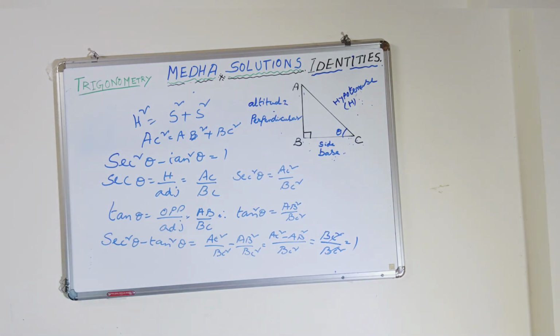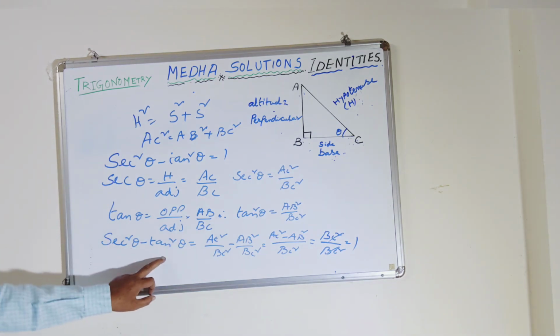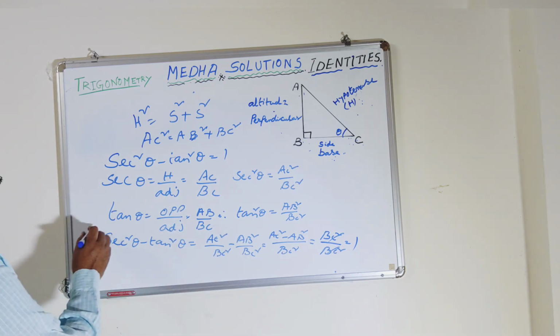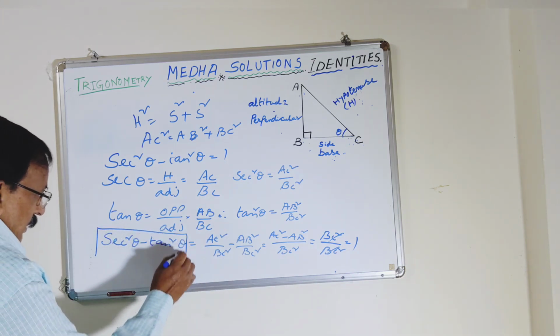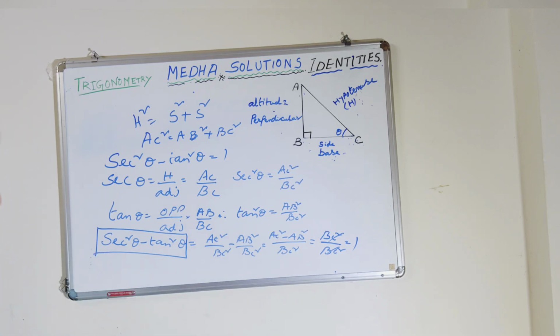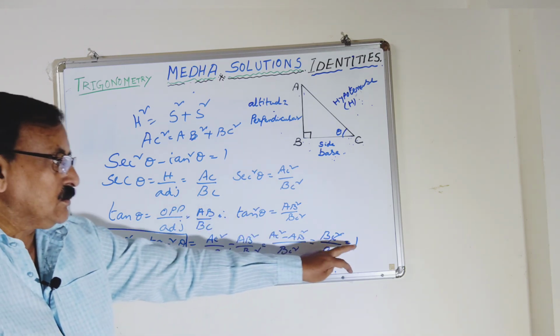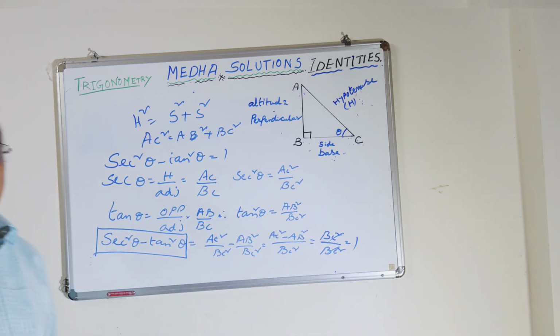This is the second identity: sec square theta minus tan square theta is equal to 1. With this also, we have derived some sub identities by transposing or any other conversions.